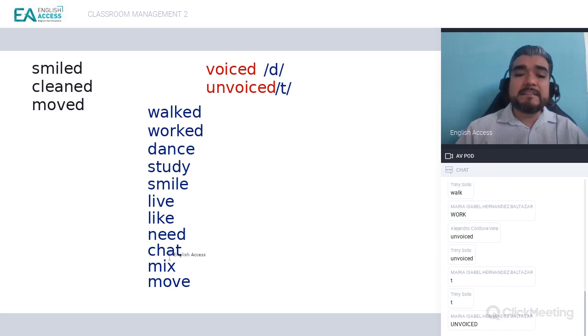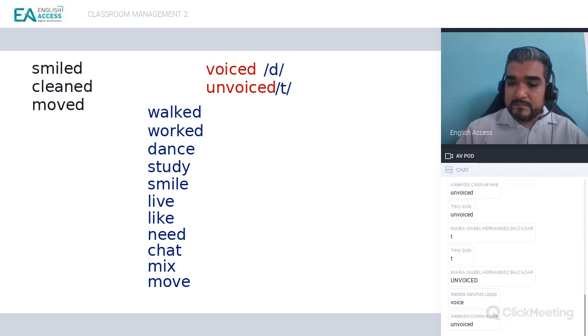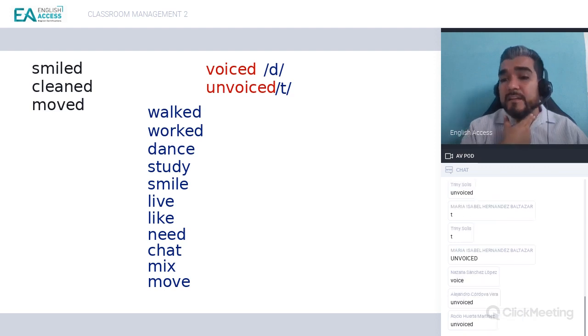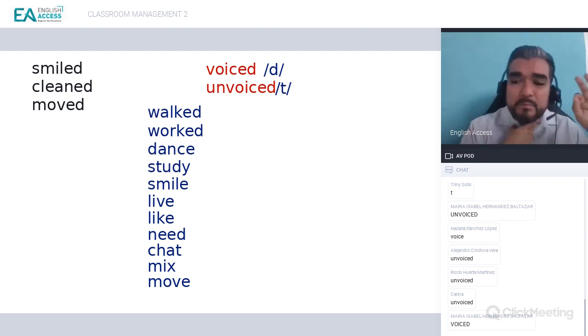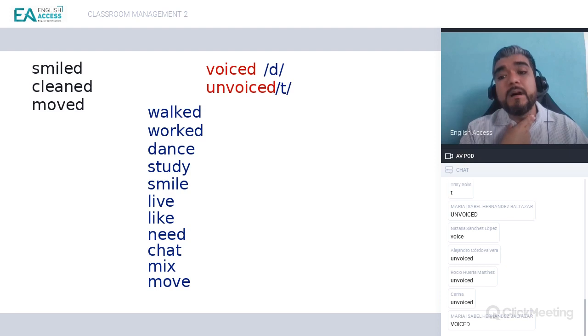Dance. Is dance voiced or unvoiced? You can feel it. Dance. You need to feel with your fingers the vibration at the end, not at the beginning. At the beginning, every single vowel is voiced, but the end is the most important.